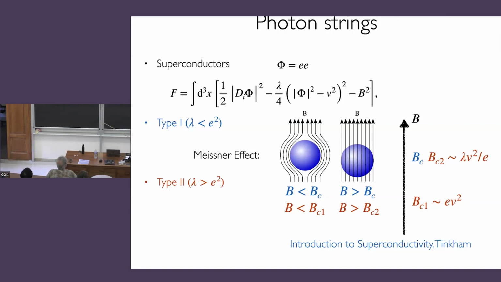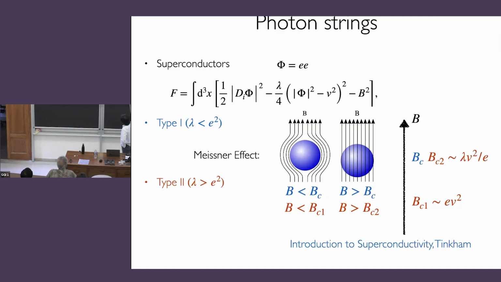In the case of type 2, the situation becomes more interesting. You still have these 2 phases, but the critical fields BC1 and BC2 are not the same. Below BC1, you still have the Meissner phase, and above BC2, you still have the phase with magnetic field lines everywhere.